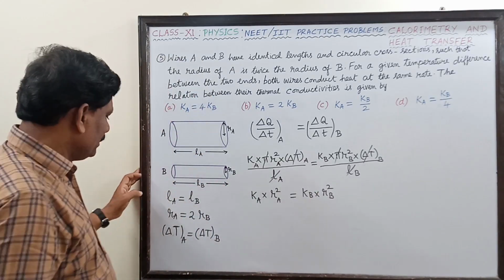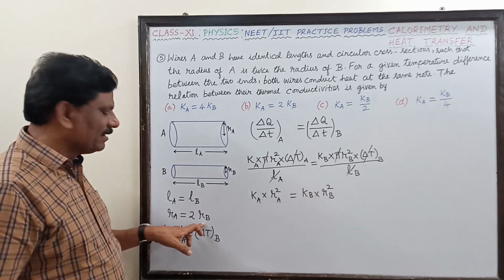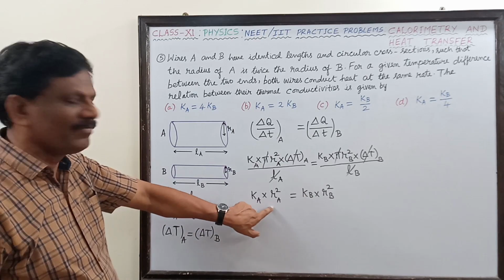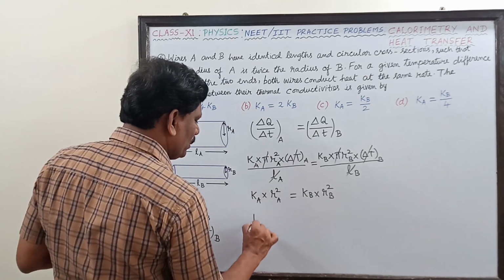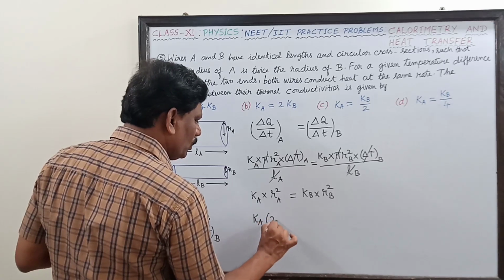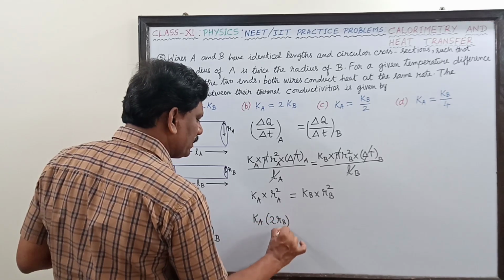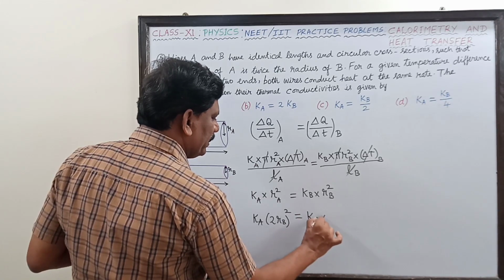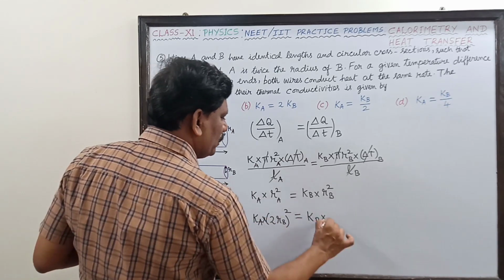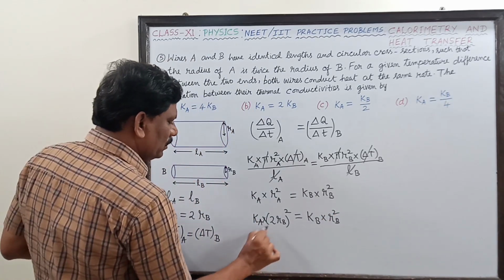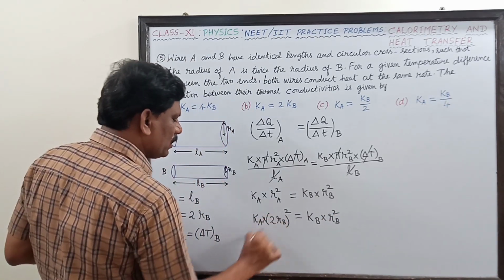Now what is the relationship between the radius of the wires? Ra is equal to twice Rb, is it not? So on the left hand side, in place of Ra, I can substitute 2 Rb. So Ka into 2 Rb the whole square is equal to Kb into Rb square. So 2 square is 4.